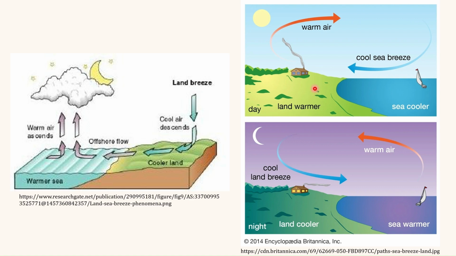The opposite happens during the night, because at night the land gets cooler in comparison to water. So over the ocean the temperature of the air mass is higher. Thus a region of high pressure generates over the land and a region of low pressure over the ocean.